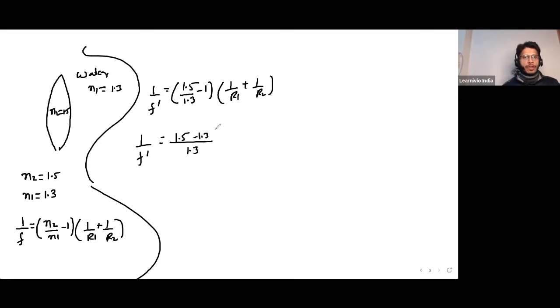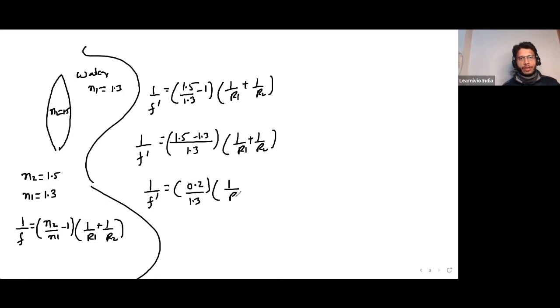It's (1.5 minus 1.3) times (1 by R1 plus 1 by R2). So 1 by F prime is now 1.5 minus 1.3, which is 0.2, divided by 1.3, times (1 by R1 plus 1 by R2). So this is my equation number 2.